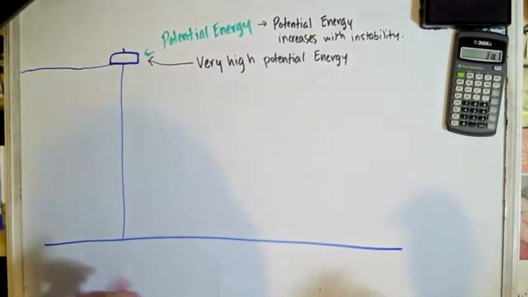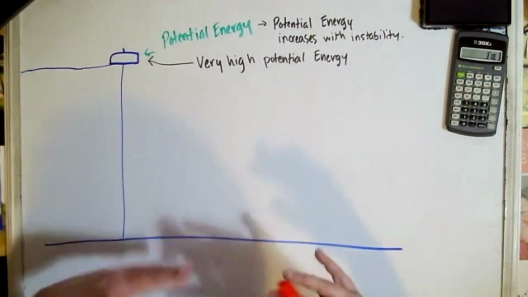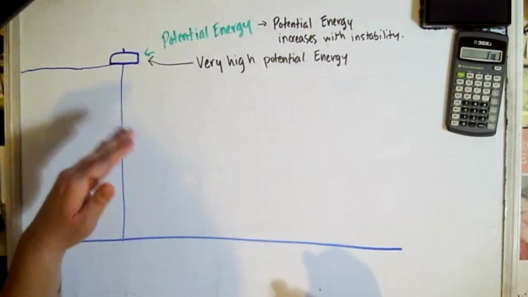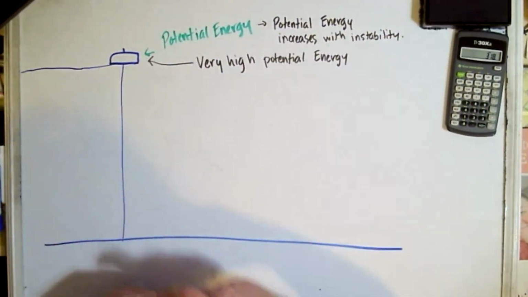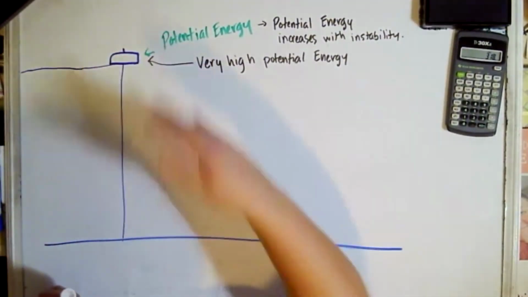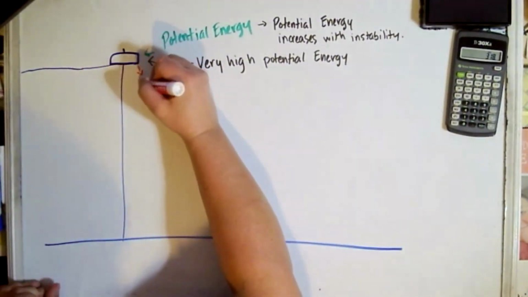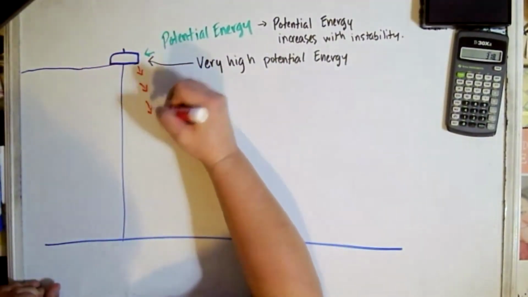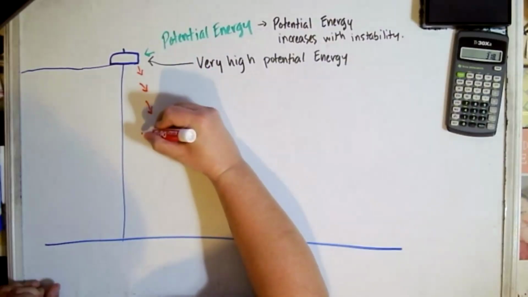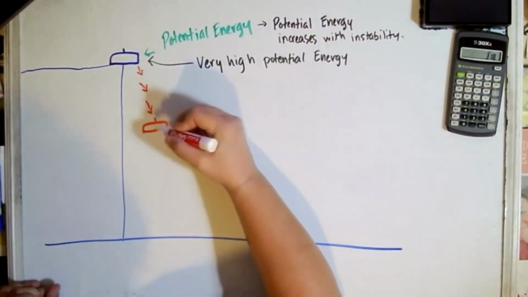But as soon as something comes around and knocks that weight off of the building, like say you just walk up and tap it right there, now it starts falling. All of that potential energy, as it falls, is going to turn into kinetic energy.